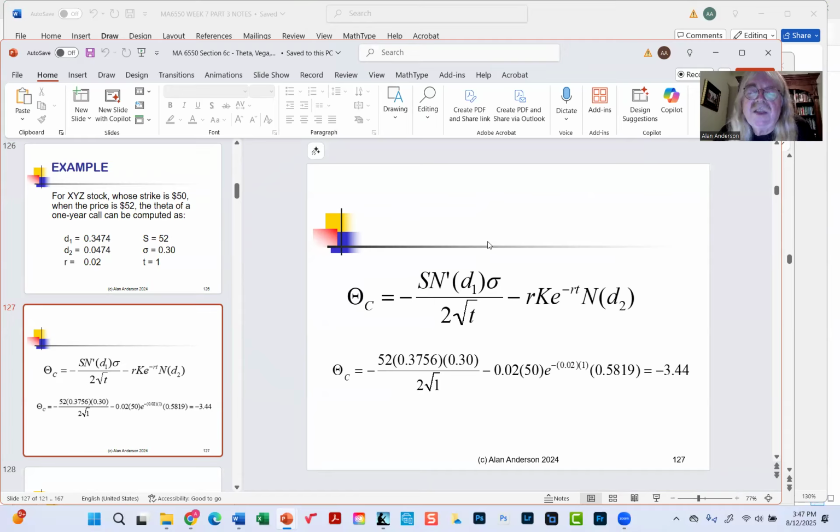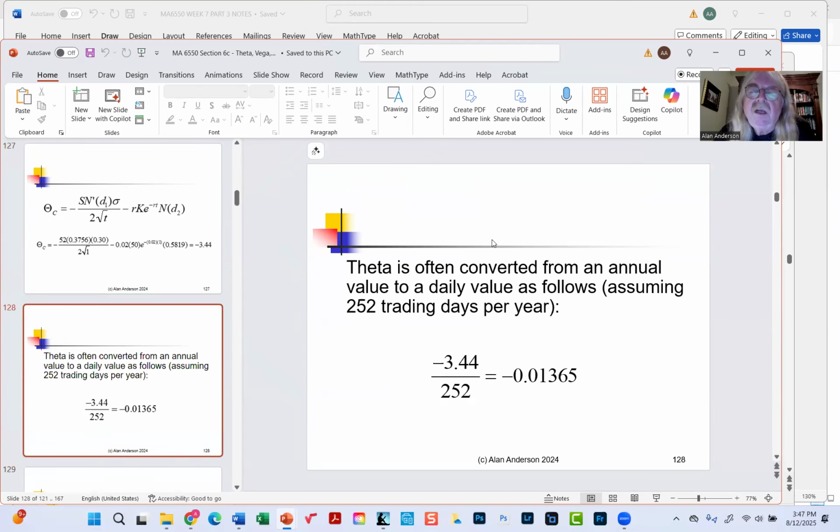But now here's the thing about theta. When we do it this way, it is expressed on an annual basis. We normally express it in the markets on a daily basis. And when we say daily, we mean per trading day, not per calendar day, because the options don't change over the weekends when they're not trading. Only the trading days are open.